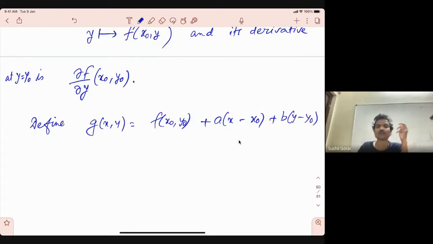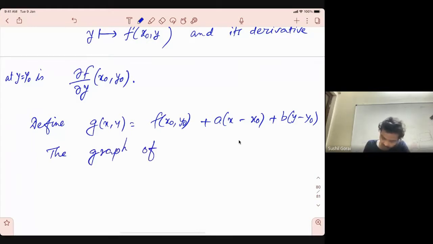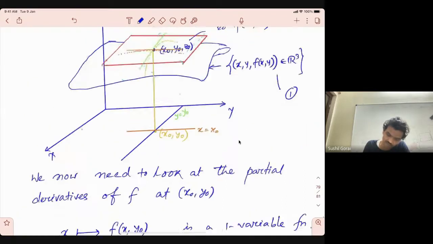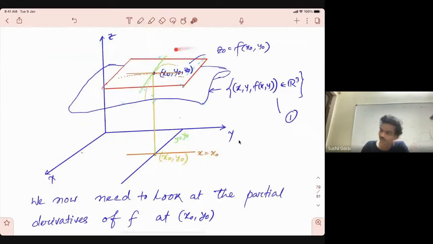And then look at the graph of g. So the graph of g is the plane drawn above. Right. So the graph of g is this plane.